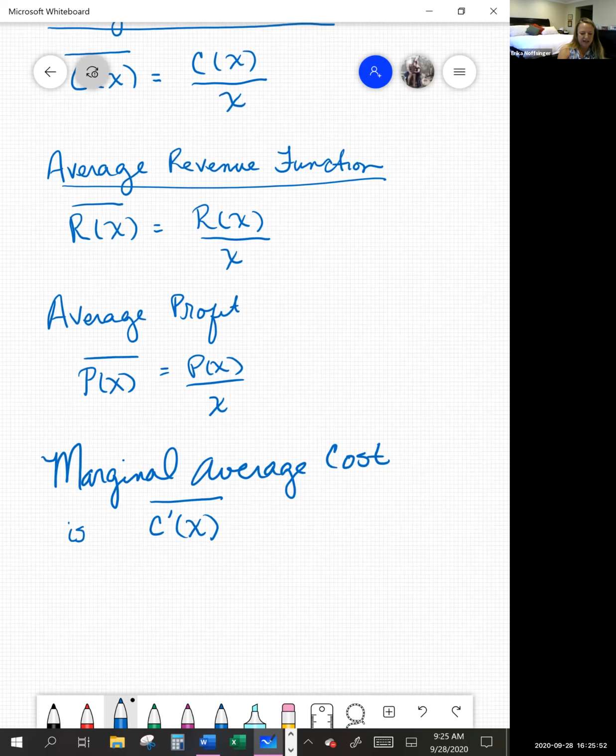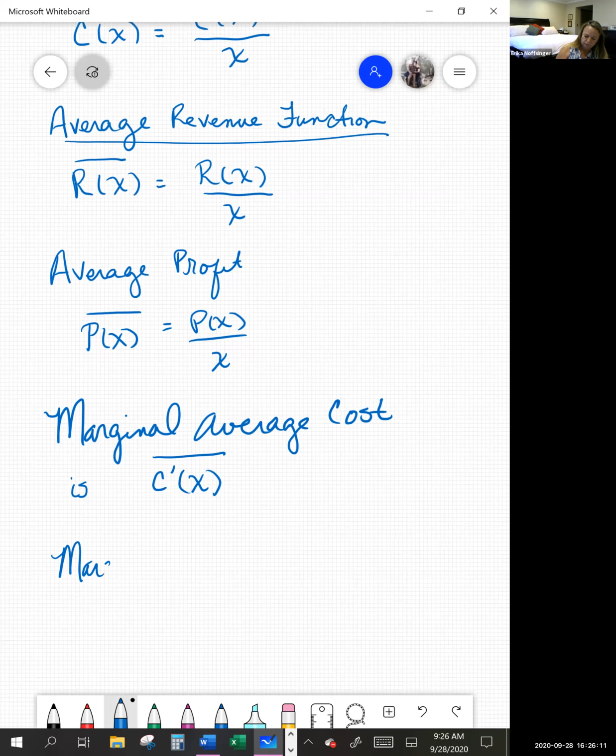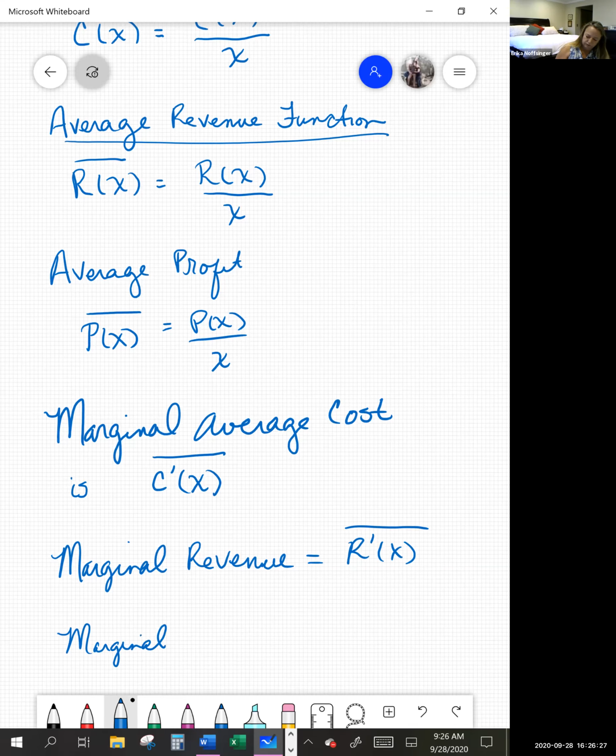So notice we have some function divided by X. So when we're taking these marginal average cost, or marginal profit, or marginal revenue, we're going to have to use the quotient rule. I should put average in there.